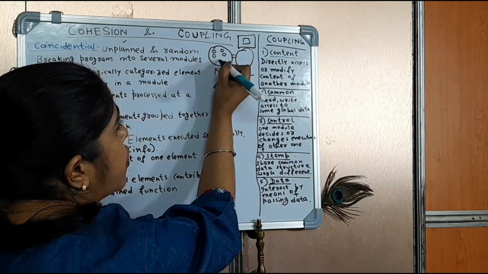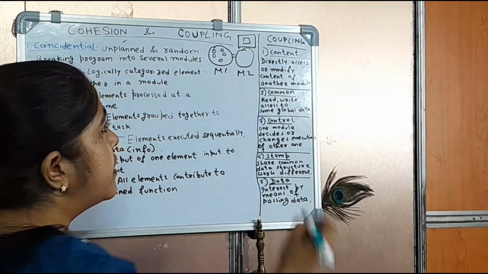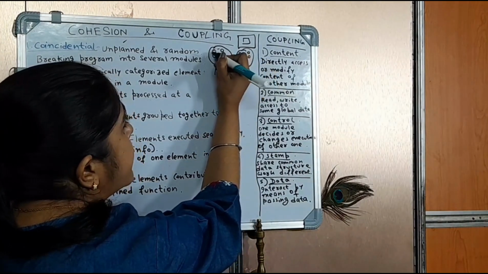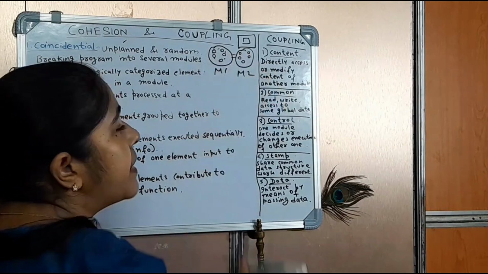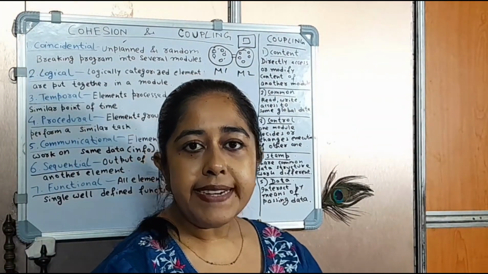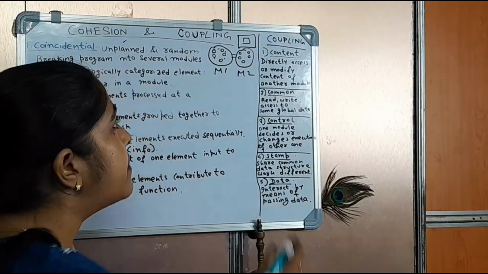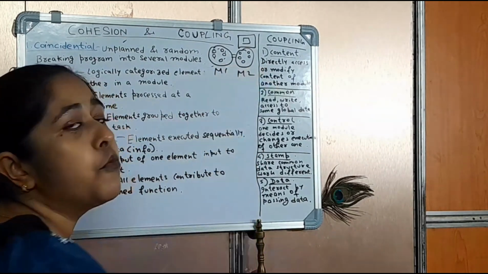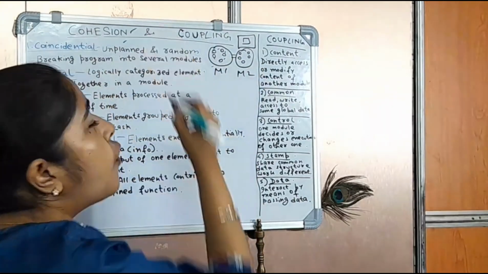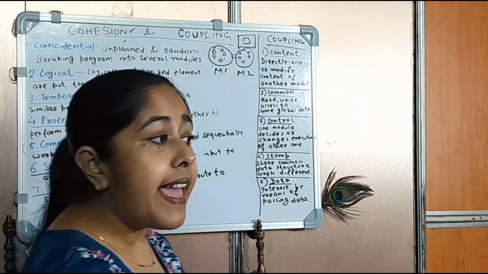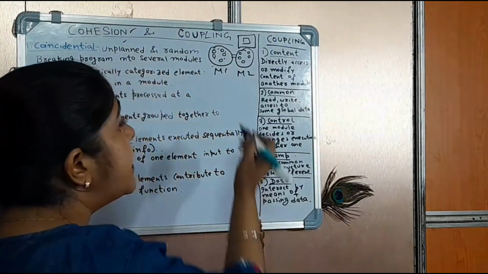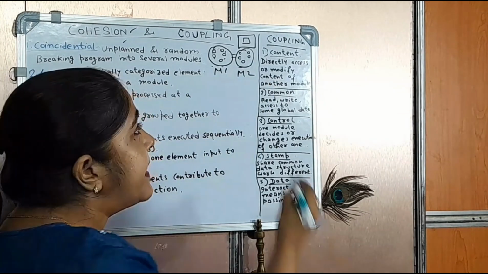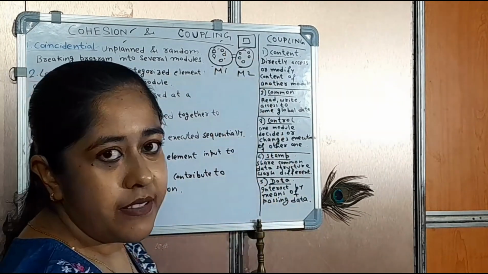Each module has some elements inside it, and these elements also have some interconnection between them. The interdependability of these elements in a particular module is known as cohesion, and the interdependability between these two particular modules is known as coupling.